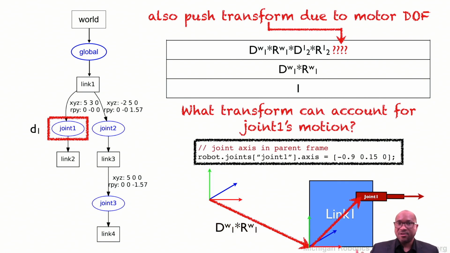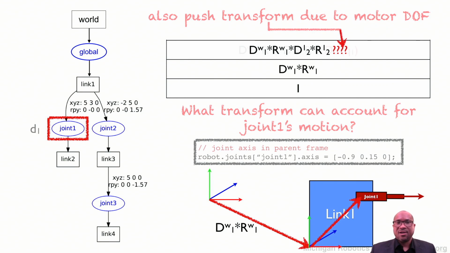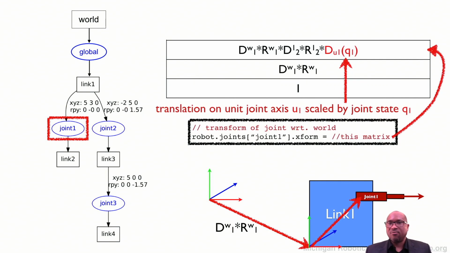Well, it's actually pretty simple. We can just multiply by some matrix, some transform, that accounts for the movement of the motor degree of freedom using the state. If we have a translational motion, it's very easy to account for that motion. We take the axis that we have here for this joint and pose it as a translation matrix.